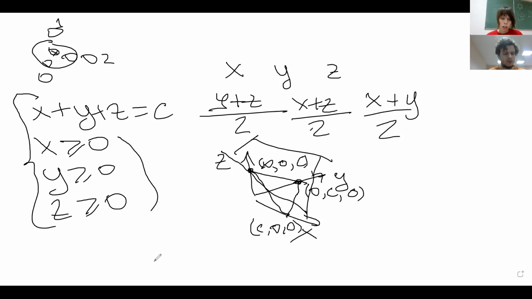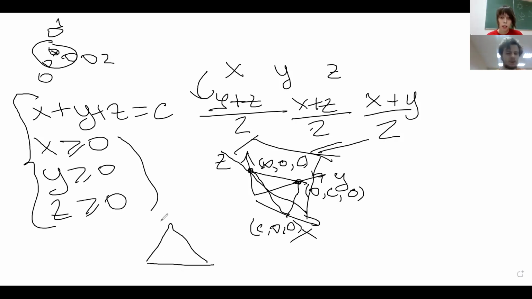Let's draw this triangle in such a way that I look at it from this side. So it's actually a regular triangle. If you look closely at this transformation, you might guess that it is actually a homothetic transformation.